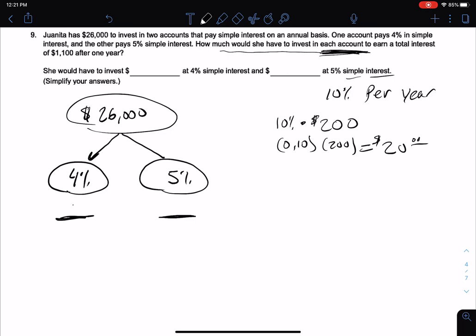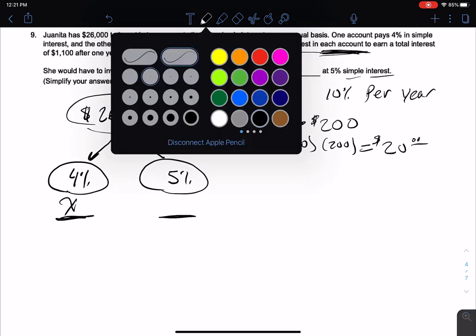And so if I let X equal the dollars in the 4% account, I've got to show the relationship of this other account. So let me think how I can do this. Let me put a little graphic over here on the side. I'll do this in another color just to show it's not really part of this problem.